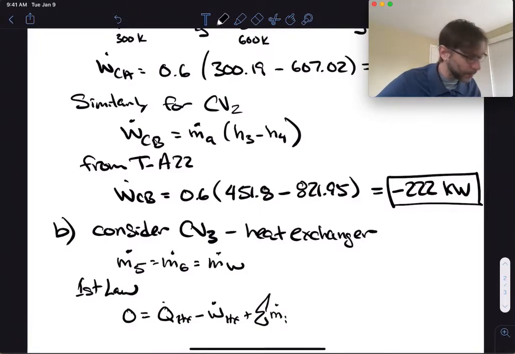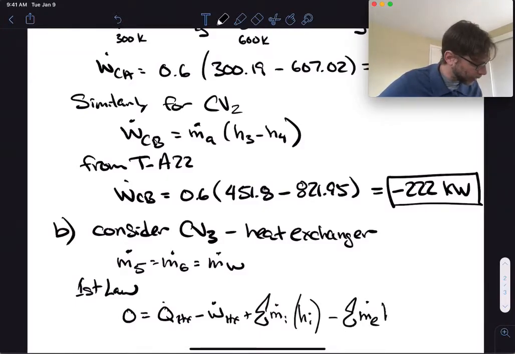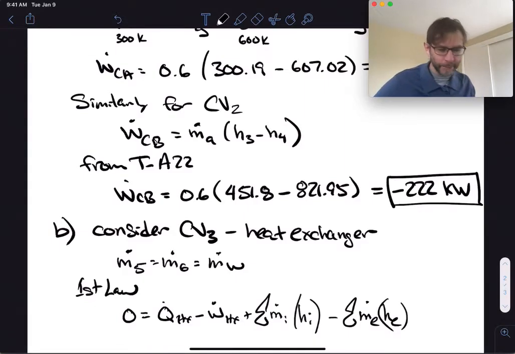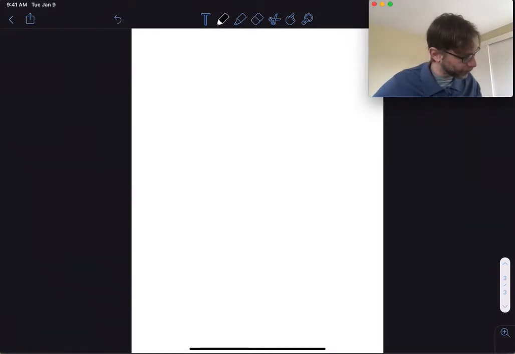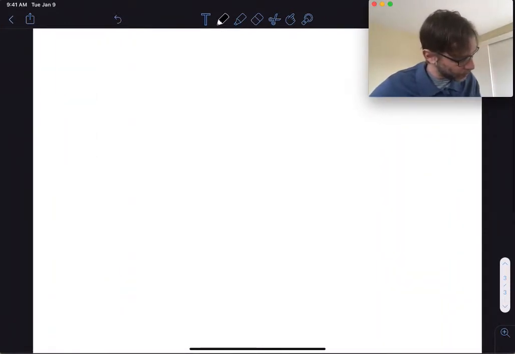We're neglecting kinetic and potential energy. Minus the sum of m dot e, h e, the enthalpies of stuff leaving. Okay, so now we have taken into account all the enthalpies coming in and out of the heat exchanger, right? So now solving for this, so let's see.